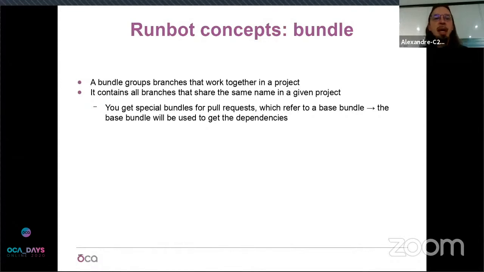And you also have special bundles for pull requests. These refer to a base bundle, and the base bundle is used to get the parts which are not part of the pull requests, the other repositories, and generally the main Odoo instance.